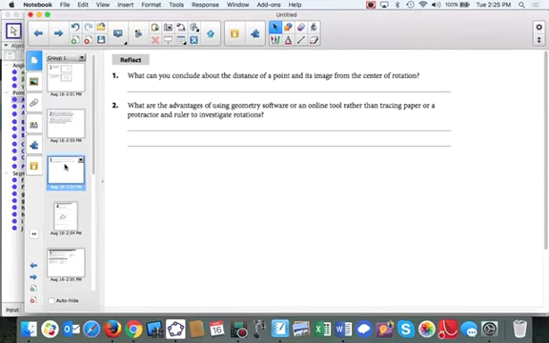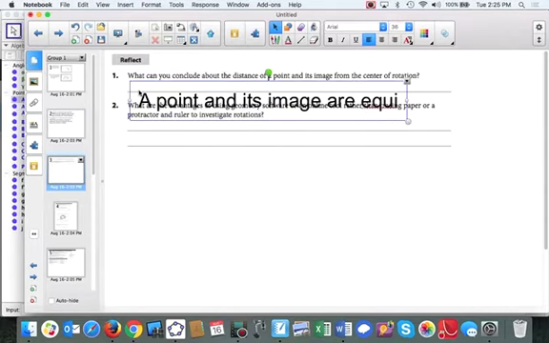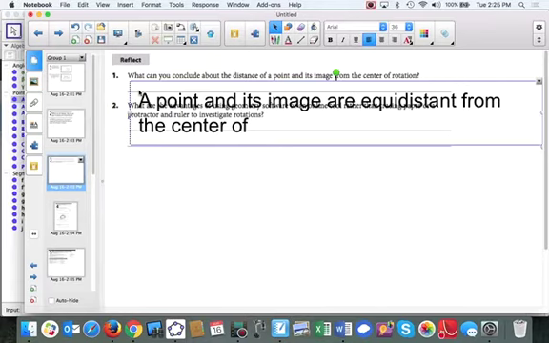What can we conclude about the distance of a point and its image from the center of rotation? A point and its image are equidistant from the center of rotation.